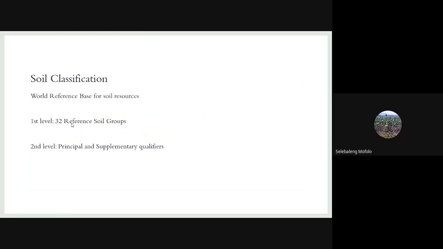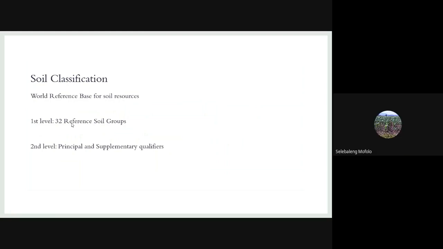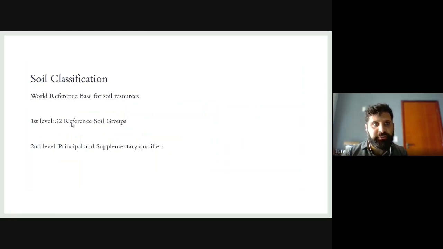We shouldn't just collect the samples and say, okay, let us classify in the lab because I will have all the data there. No, you should use the information that you have in the field. And why do we do this, just to make it harder? No, it's because you need the information in the field to classify soil.